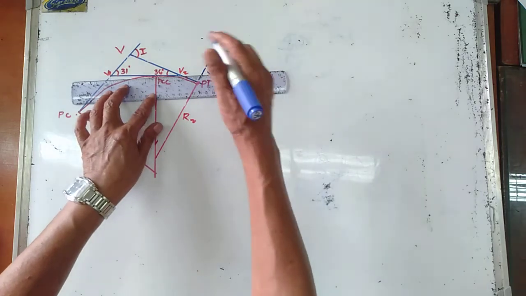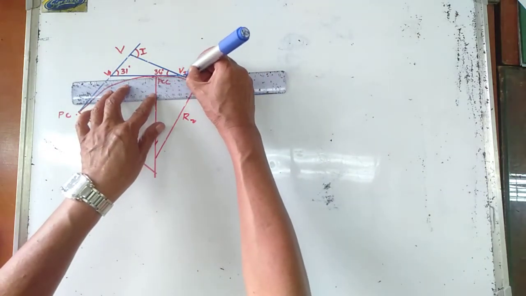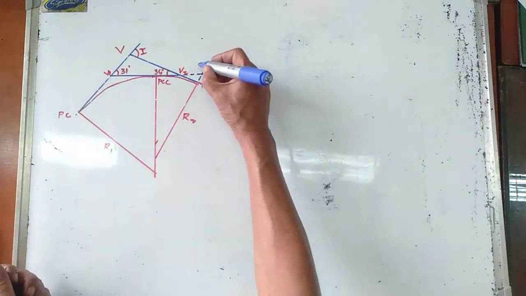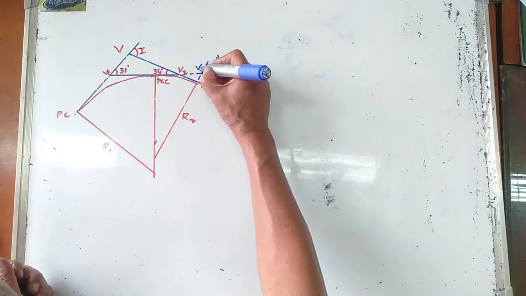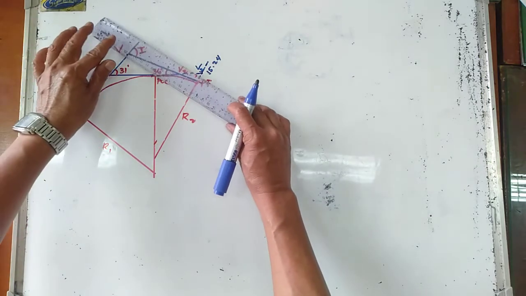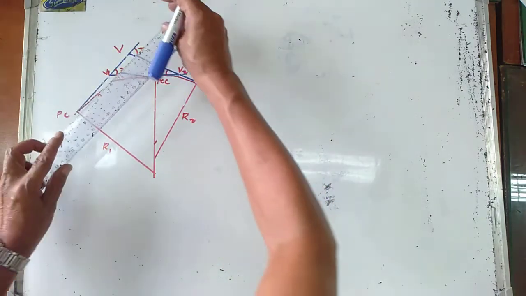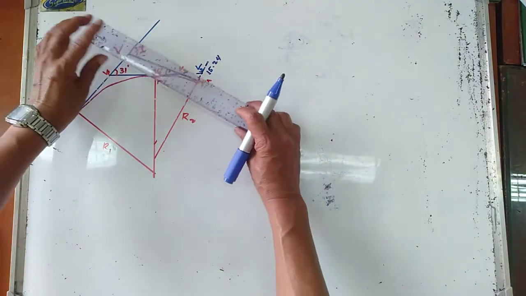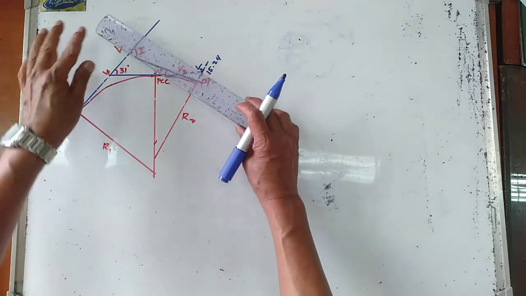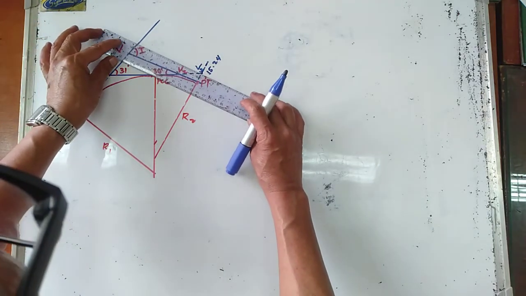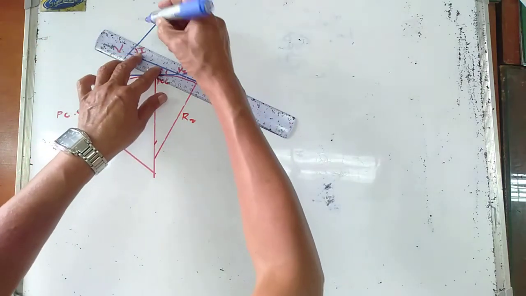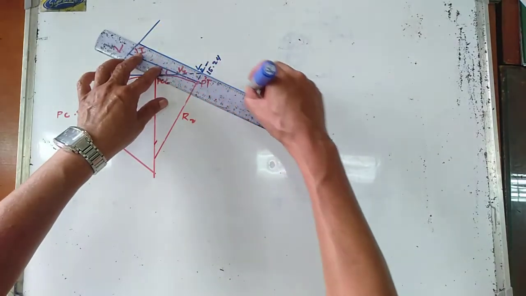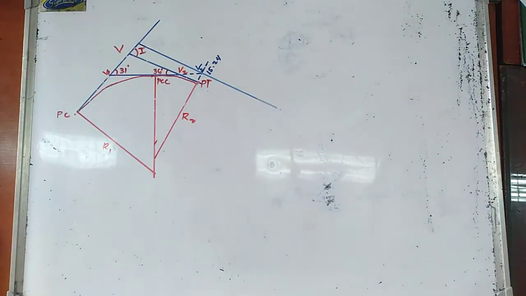If I prolong this one in here, this is now the vertex of the new curve. I'm just going to consider this one as V3. So we still have to draw the tangent line, and we have now this tangent line in here.